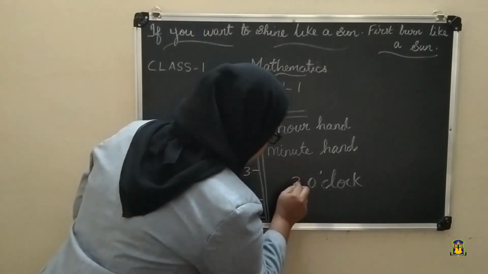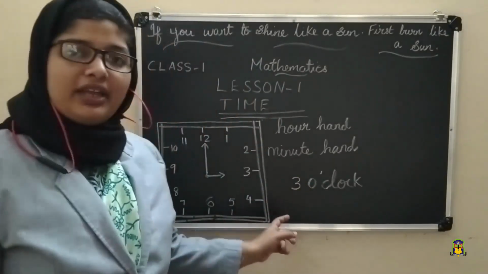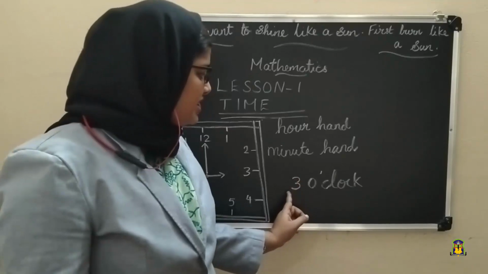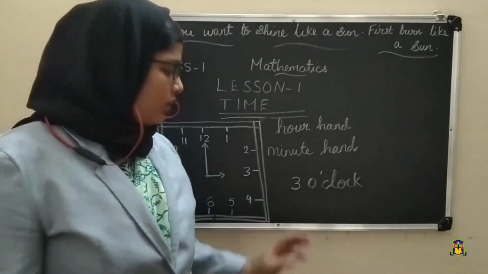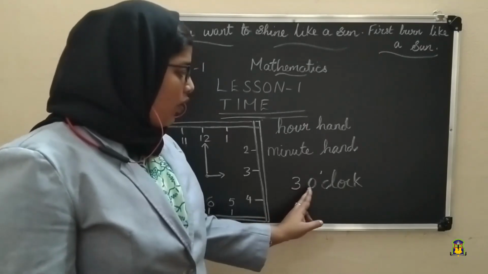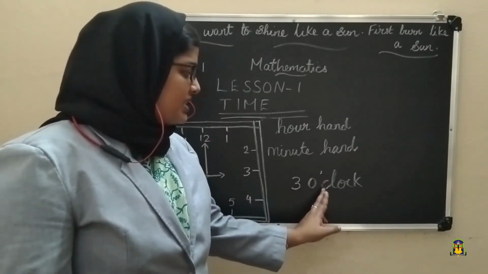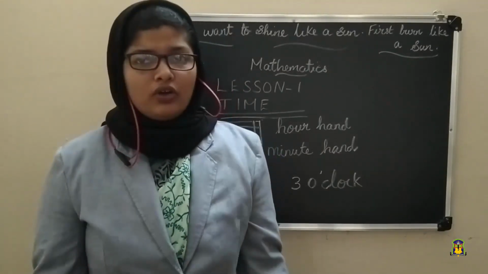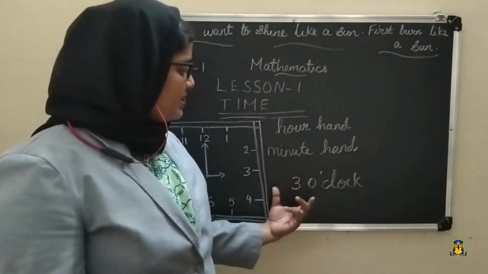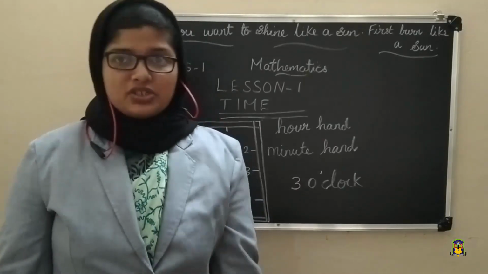In front of this o'clock, we will write the 3. So, this is 3 o'clock. All of you read, 3 o, apostrophe, C-L-O-C-K, clock. 3 o'clock.